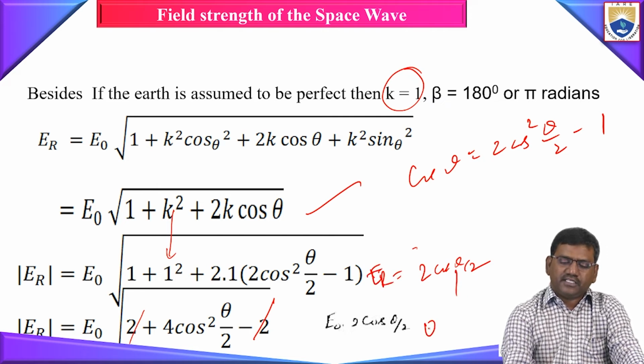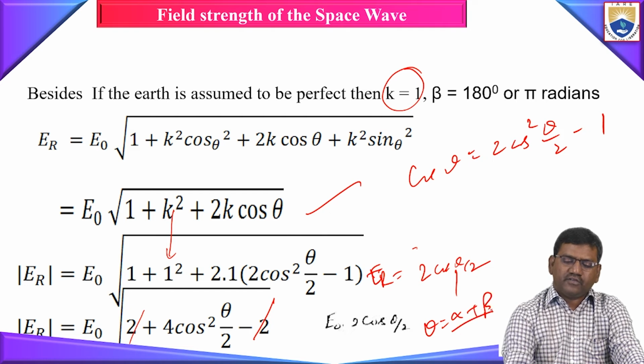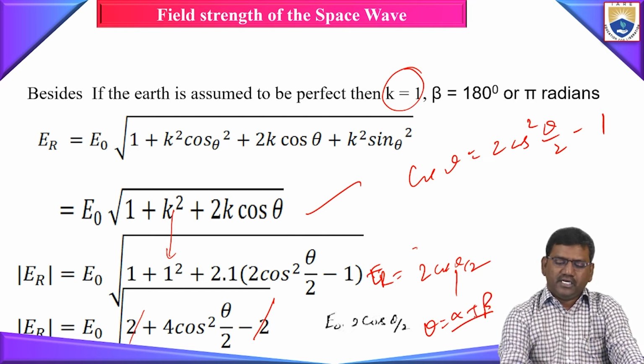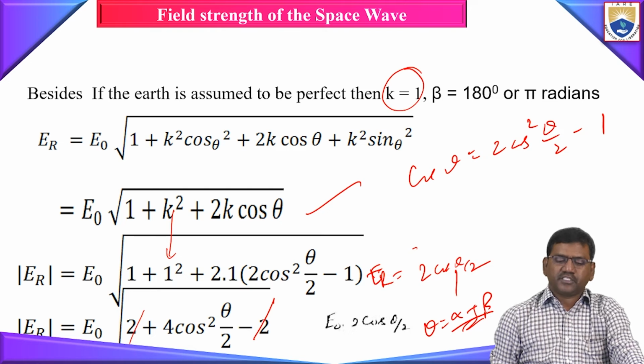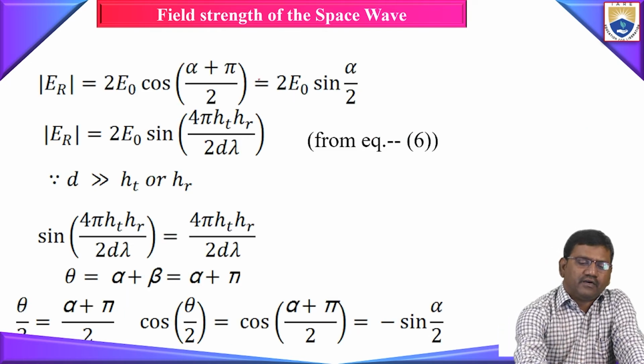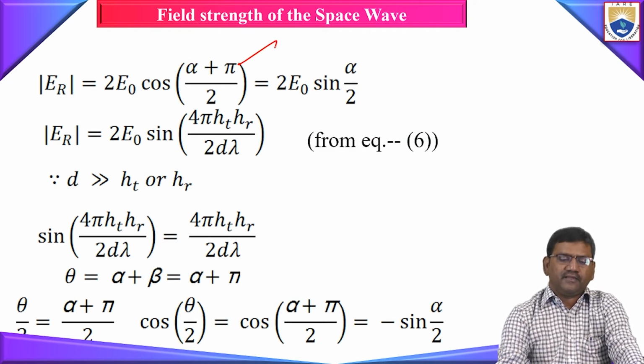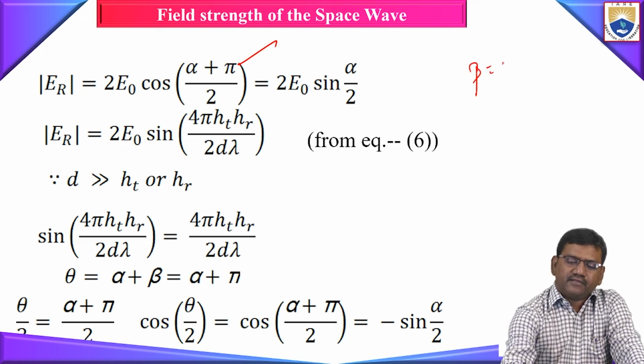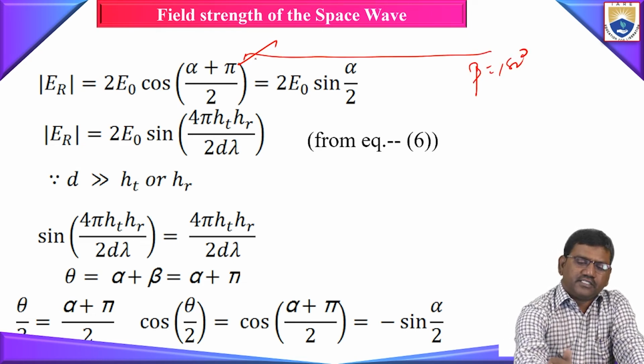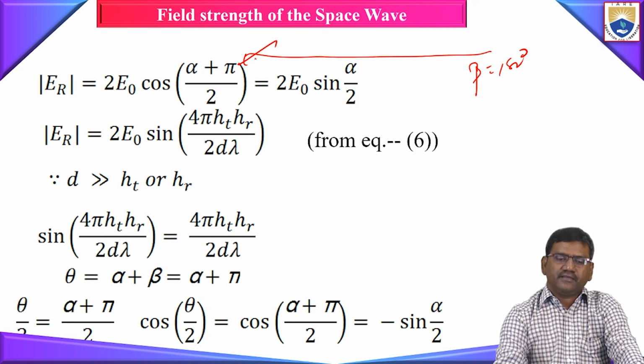But we know that theta is equal to alpha plus beta. Let us substitute theta is equal to alpha plus beta in the above expression, where beta is equal to 180, that means pi here.